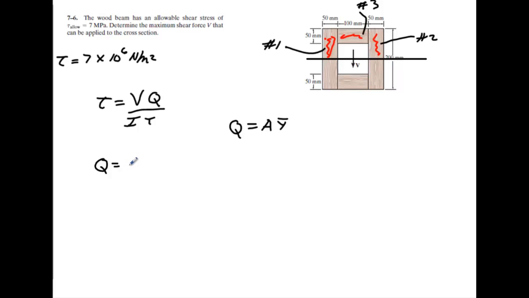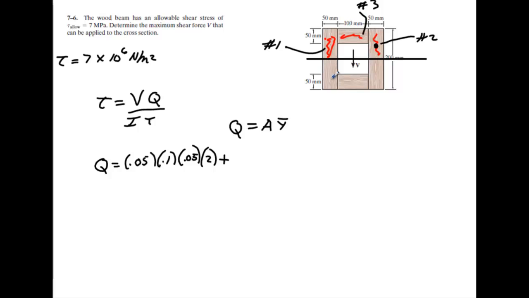The thickness is going to be 0.05, converted back to meters, times the height. This thing is 200, so that would be times 0.1 meter. And now the center is going to be the distance from here to here, which will be 0.05. Now we have 2 of those, this one and this one the same, so might as well just multiply it by 2 instead of doing it twice.